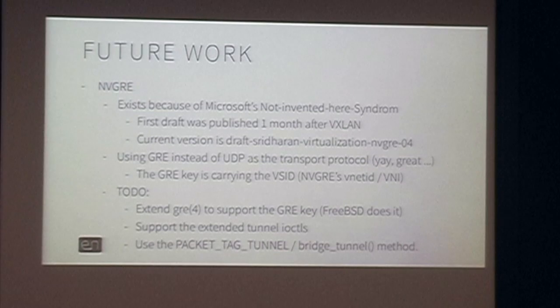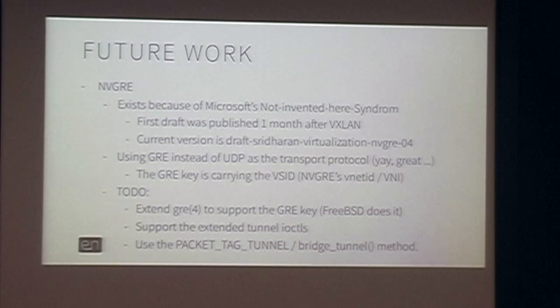And NVGRE is Microsoft, HP, and a few others. So I don't know. But NVGRE is using GRE instead of UDP as a transport protocol, and a slightly different header and different terminology, but in the end it's basically the same.